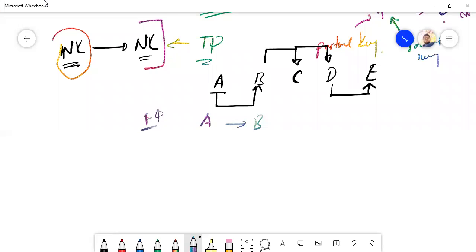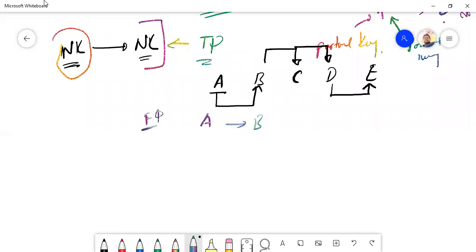Then E depends on D. E depends on D. So that is also, you can see, indirectly dependent on the primary key. So that is functional dependency, fine.